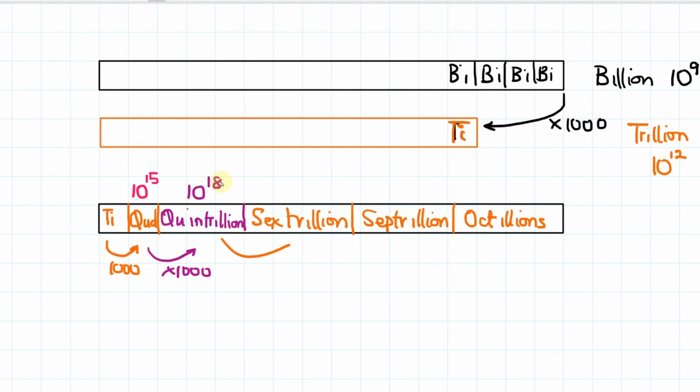So this shows that as you multiply by 1,000, we are moving 3 powers higher in terms of the exponent, and this here will be plus 3, 21, multiplied by another 1,000.